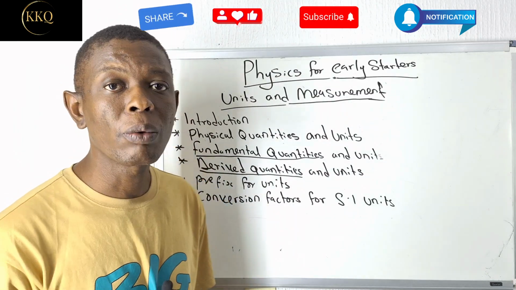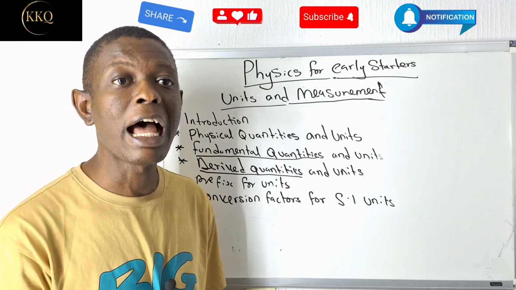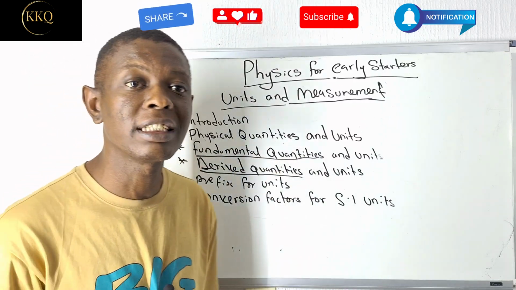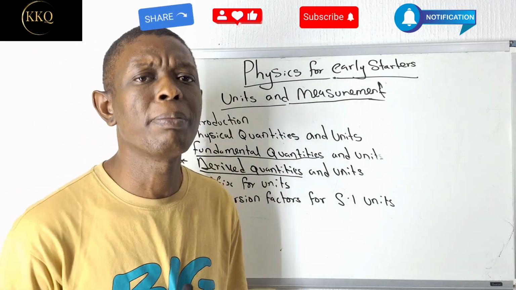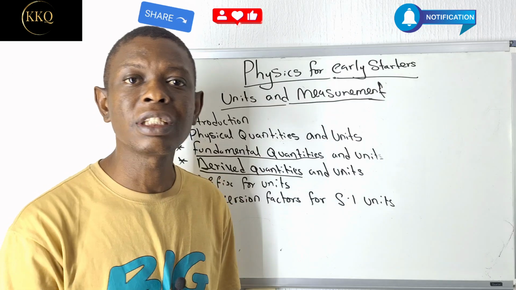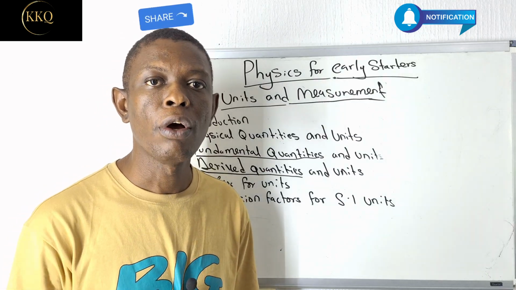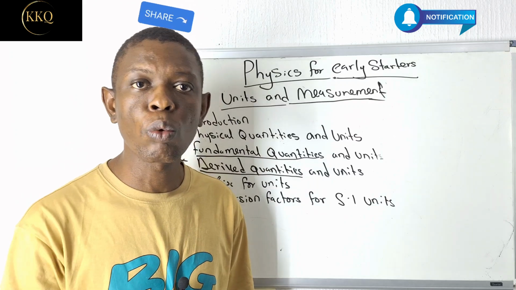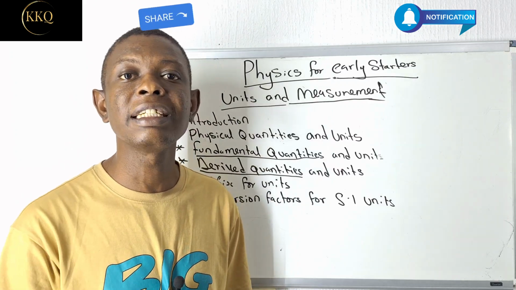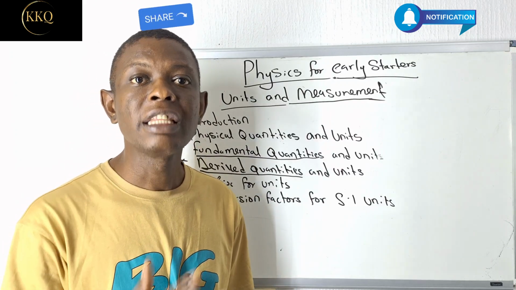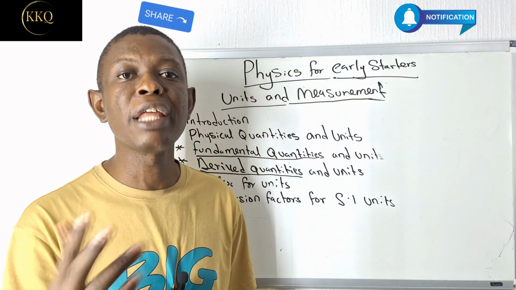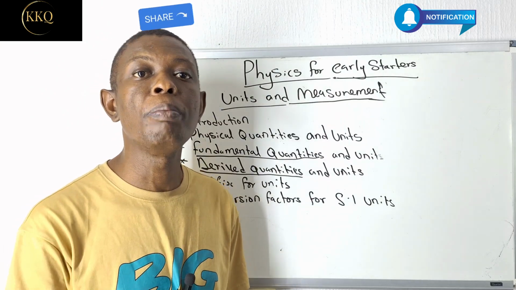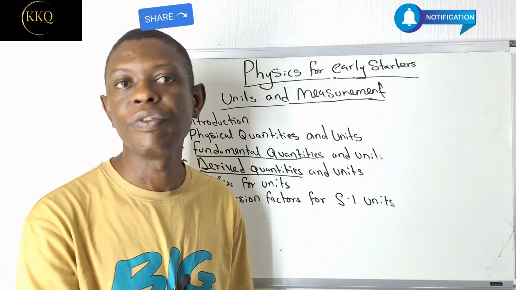Remember, both fundamental quantities and derived quantities are all physical quantities. They are quantities that are measurable. But fundamental quantities are the bedrock of physics. They simply mean that they are the basic quantities from which other quantities are gotten. They are quantities that do not depend on other quantities to be tested or proven.